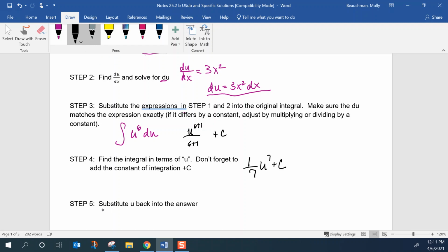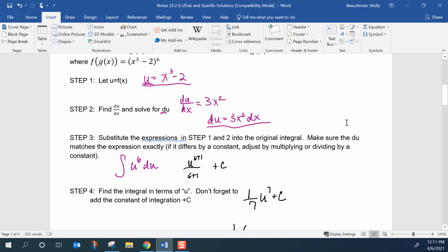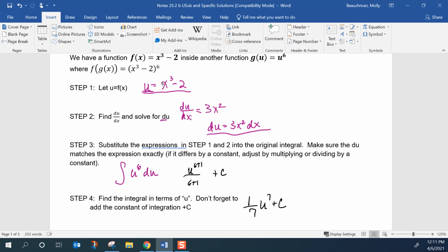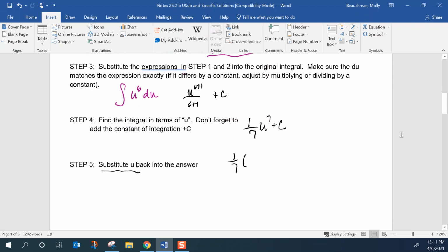Now I can substitute the expression I used for u back in. Let me go back up here: u is equal to x to the third minus 2. So I'm going to substitute x to the third minus 2 back in, giving 1/7 times (x to the third minus 2) to the 7th plus c. So this is my integral.